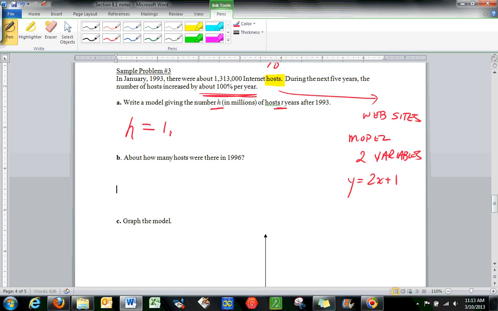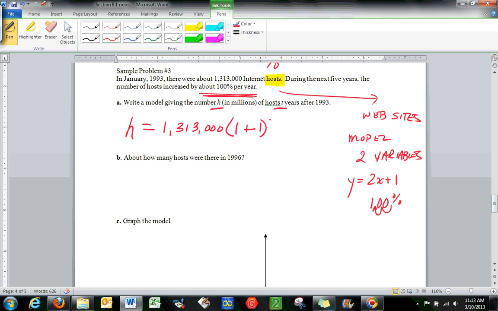We had 1,313,000 initial host sites, and then our rate was 100%. But remember, we have to take that 100% and rewrite it as a decimal. So I have to come backwards 2 spots, and that decimal is 1.0, or simply 1.